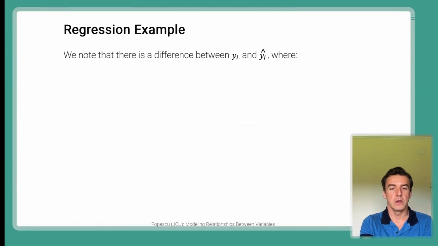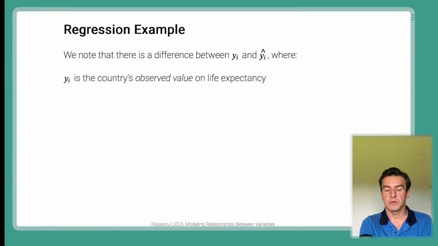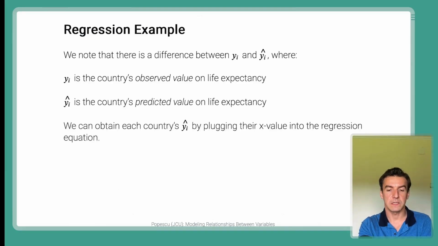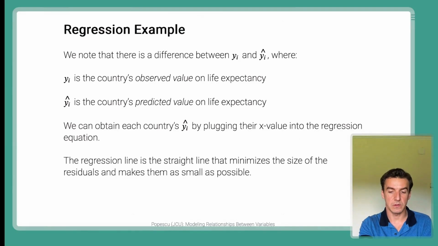Okay. So I'm repeating myself here. So there is a difference between yi and yi hat. So yi is the observed value for life expectancy, whereas yi hat is the predicted value on life expectancy. So we can obtain the yi hats by plugging in their x value into the regression equation.